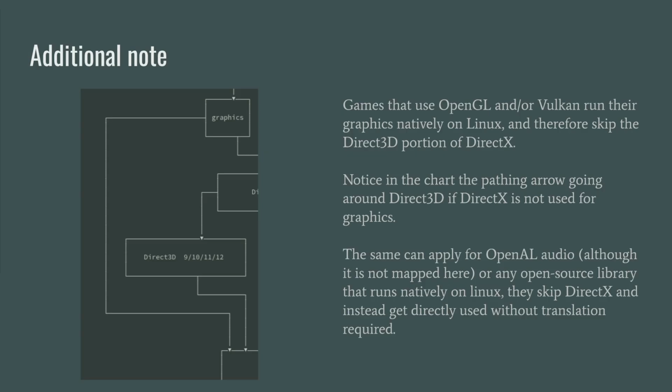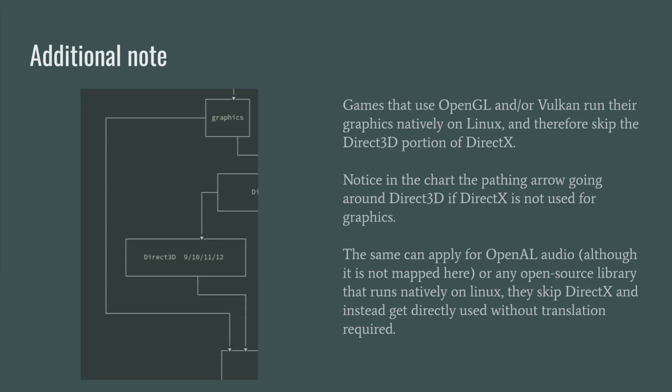And then we have an additional note here for graphics. There are some games on Windows that don't use the Direct3D portion of DirectX. Instead, they use either the older OpenGL or the more current and now more popular Vulkan. Thank you, Valve. You guys have been awesome with getting that a lot more popular.